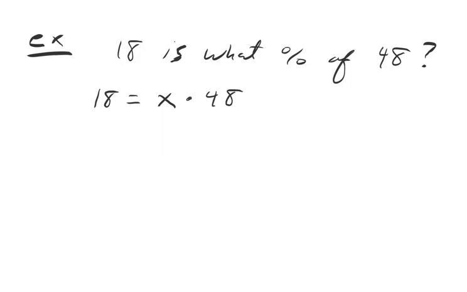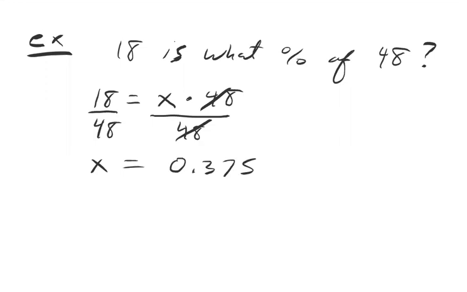So how do I get x by itself? I would divide both sides by 48, right? And when I plug 18 divided by 48 into my calculator, I get that x equals 0.375. Now that is not my answer, because they asked for a percent, and that is the decimal.